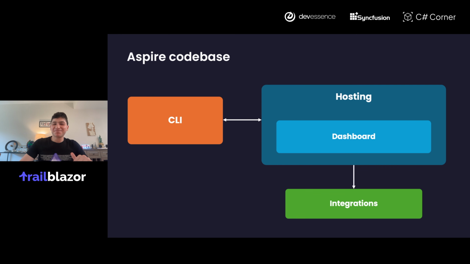So Aspire, our code base essentially looks like this. We have an Aspire CLI. It's written in dotnet. It's native AOT compatible, and we do compile it to binaries for all major operating systems. And everyone here who has ever built a CLI knows that speed is very important for a CLI.